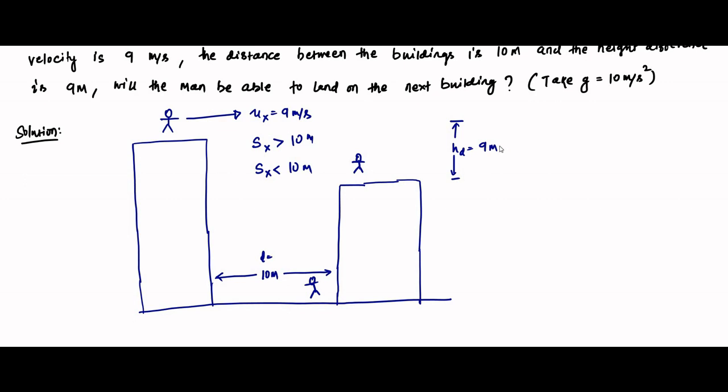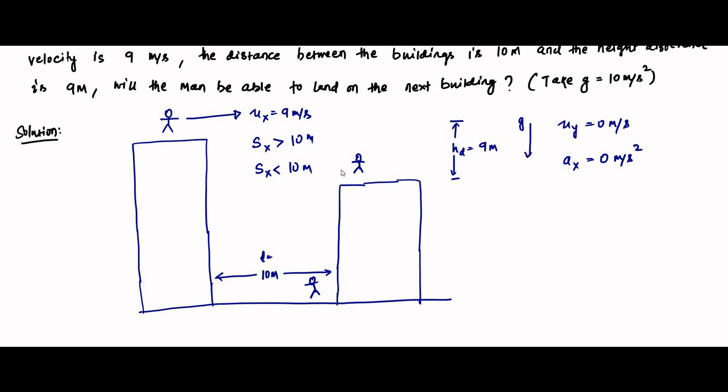So some parameters which we have to assign. This is the horizontal component ux. Uy is 0 because there is no mention of any vertical velocity component. Acceleration along the x-axis is 0 meter per second square, as there is no mention of any acceleration or deceleration along the horizontal axis. Gravity is acting downwards.